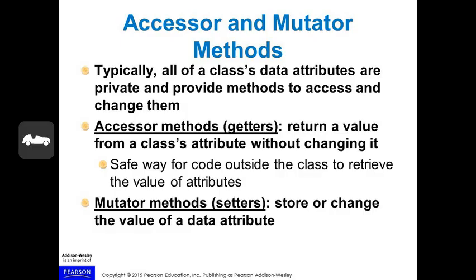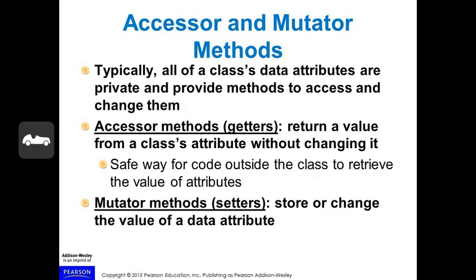A method that returns a value from a class attribute but does not change it is known as an accessor method. Accessor methods provide a safe way for code outside the class to retrieve the values of the attributes without exposing the attributes in a way that they could be changed by the code outside the method.